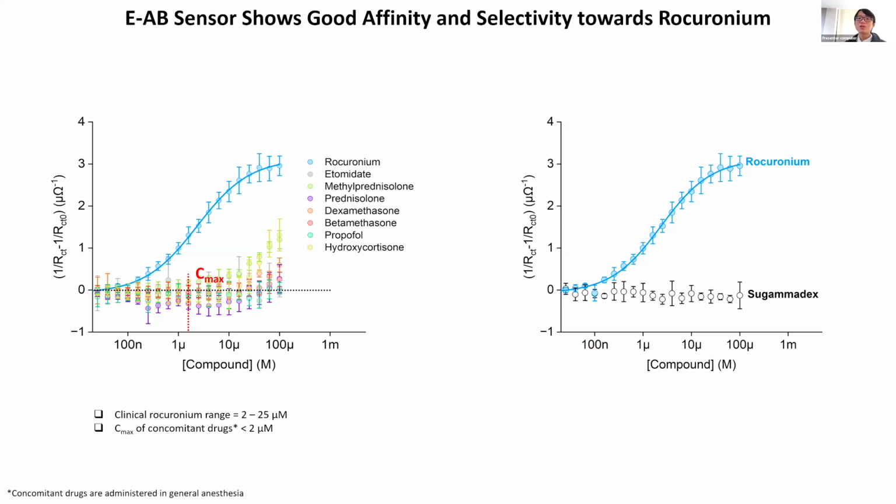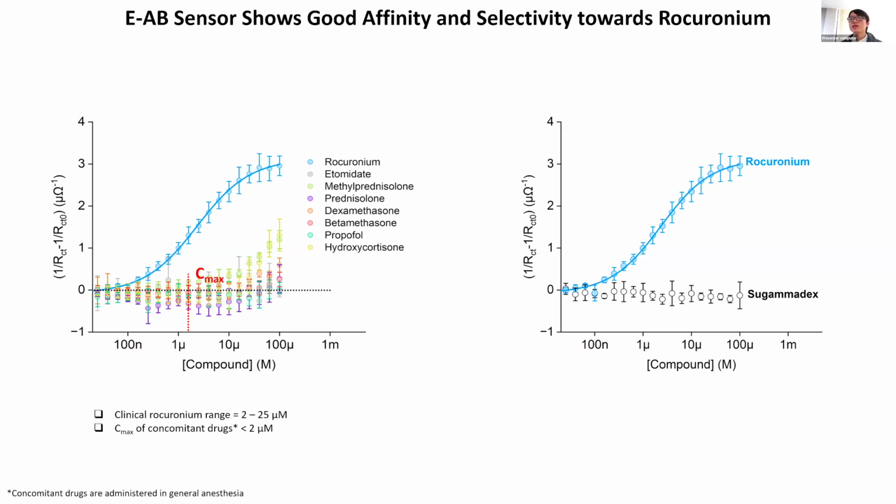Since we want to use this sensor to measure the concentration of target and then determine the antidote dose, we want to make sure the aptamer doesn't bind to the antidote, and by titration we can confirm the aptamer doesn't bind to the antidote, which is sugammadex. So the first question is already answered: we can use the sensor to measure the rocuronium concentrations.